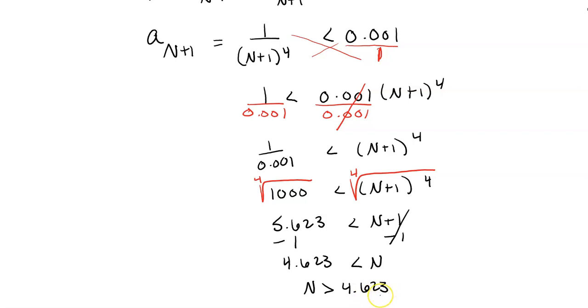Even if the decimal point is less than 5, if it tells you that you need n to be greater than that, we're just going to round up to the next integer. So in order for this to work, to have this level of accuracy, you need at least 5 terms. And if you do that, then you can use the process that we looked at in the last problem and get an estimation that's within that 0.001.